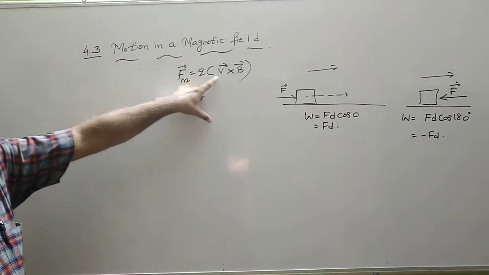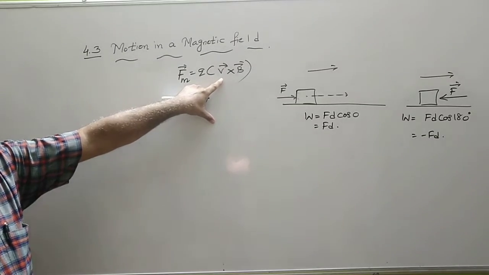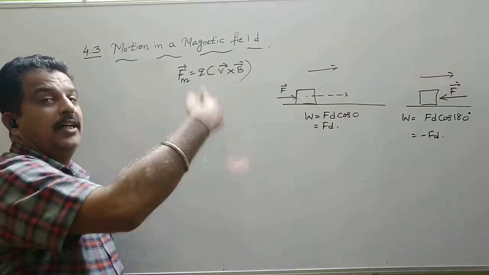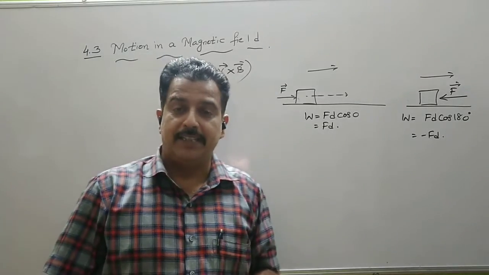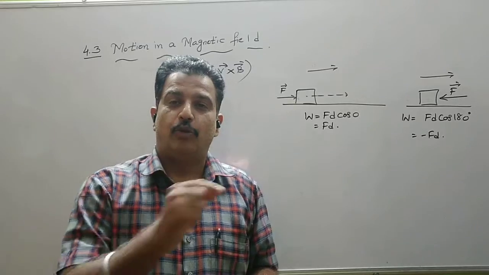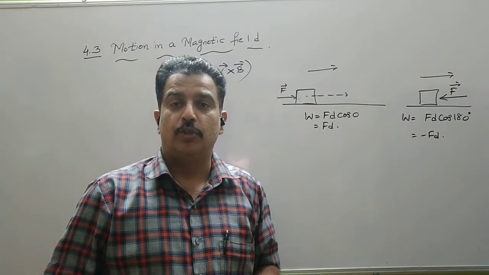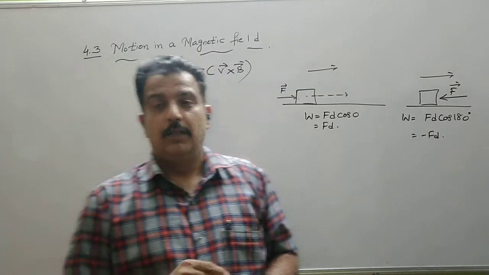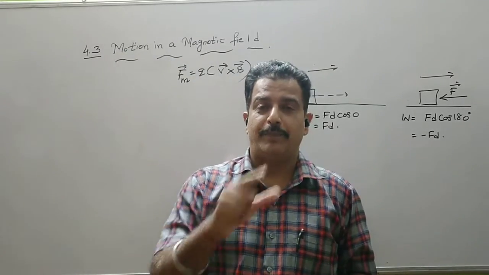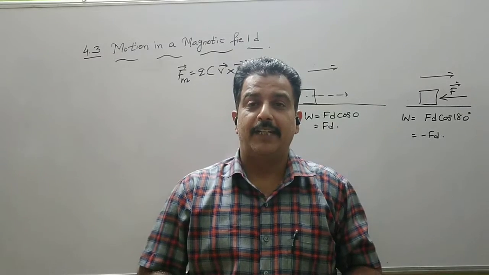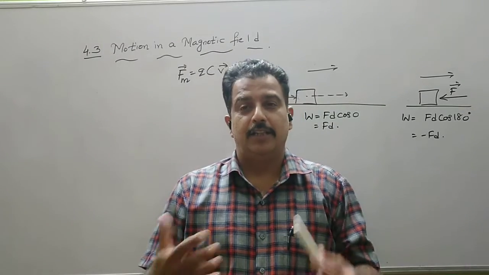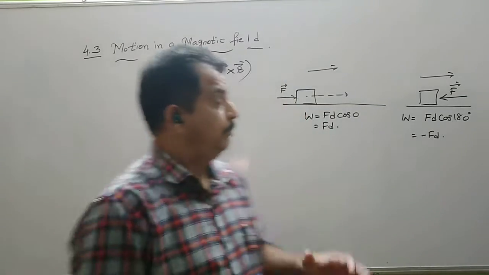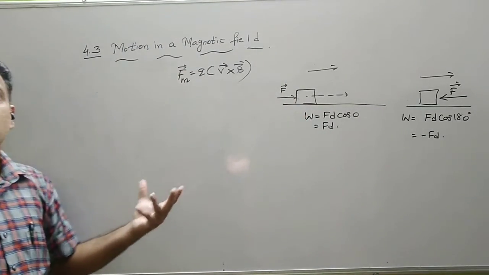It means the v direction is the same as the direction of motion of the particle. It means the force and displacement are perpendicular to each other. So when a charged particle enters perpendicular to the magnetic field, the force acting on it is maximum, but the work done comes out to be zero.